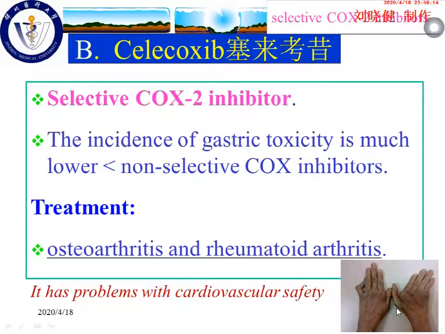Like this picture shows, the patient has rheumatoid arthritis. But because it also inhibits COX in endothelial cells, it has cardiovascular safety problems. So for patients with cardiovascular disease, do not use this drug, to prevent the risk of cardiovascular events. This is opposite to aspirin.